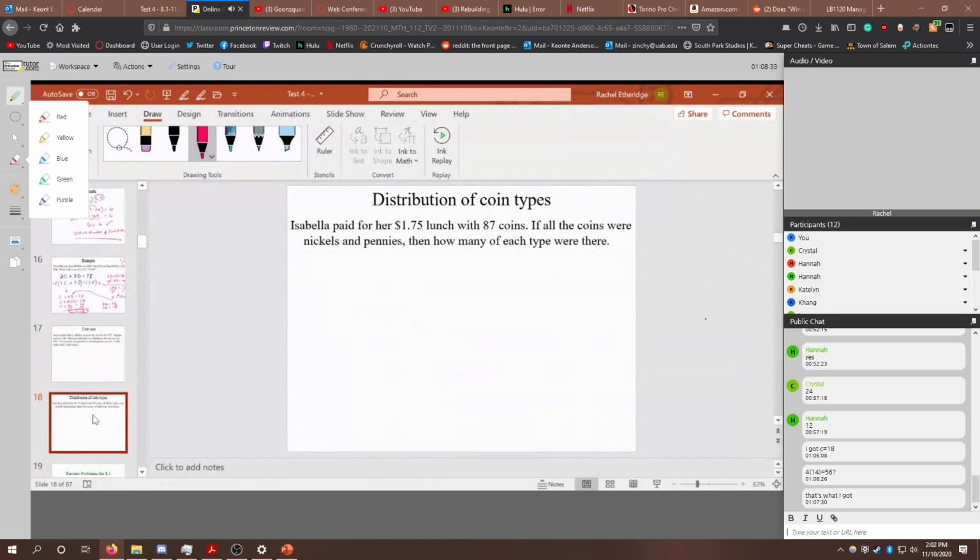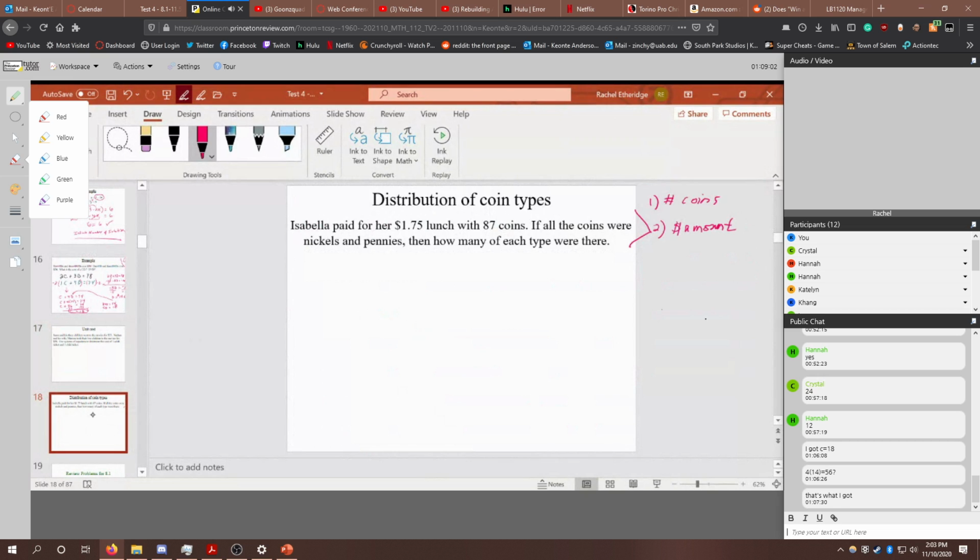So what you have to do with a problem like this is you write one equation for the number of coins, and you write another equation with the dollar amount. That's the only way to write a system for that.